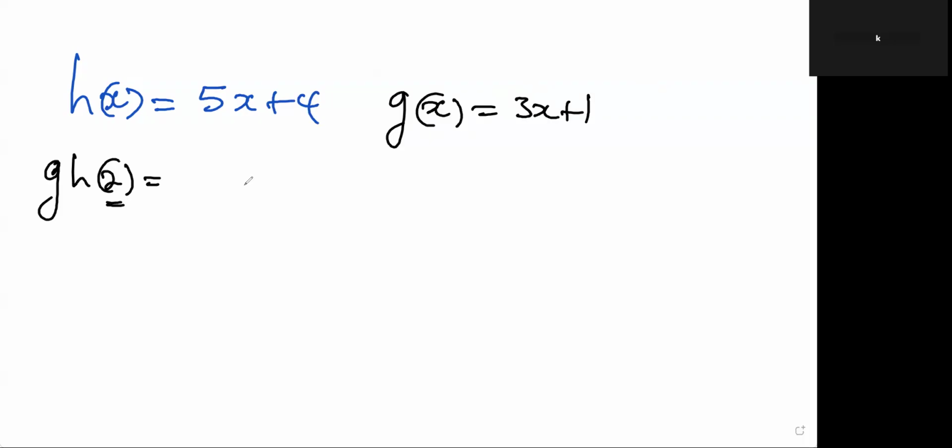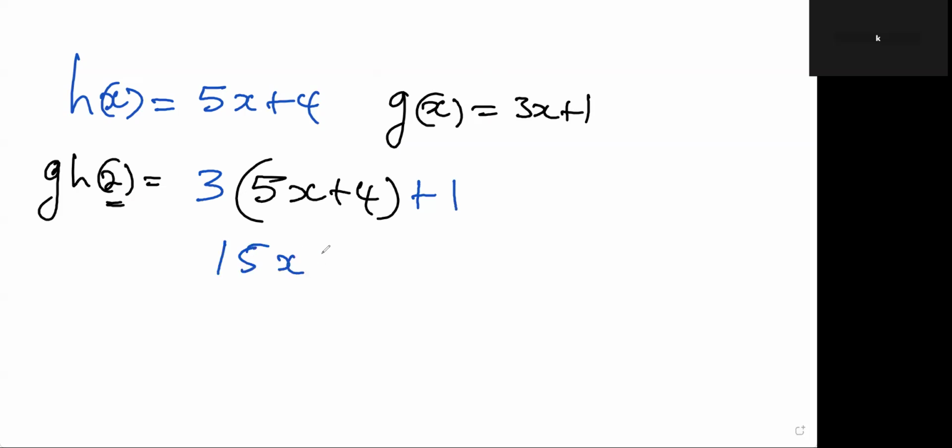Now h is the one that we're going to write first, so that's 5x plus 4. And then, of course, we have 3x plus 1, which is the g. 3 times 5 is 15. 3 times 4 is 12 plus 1.